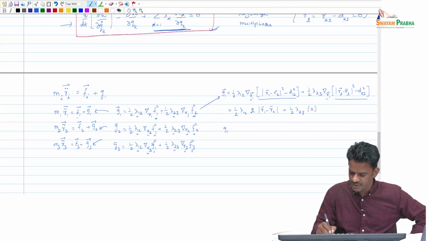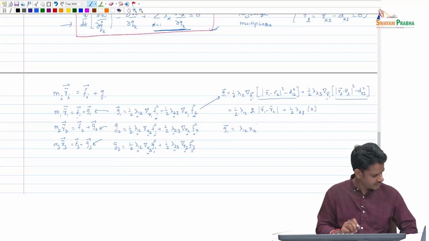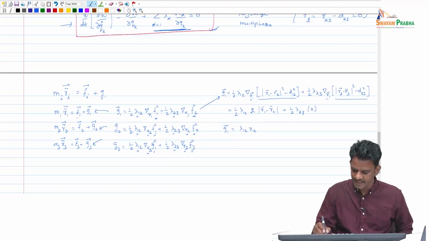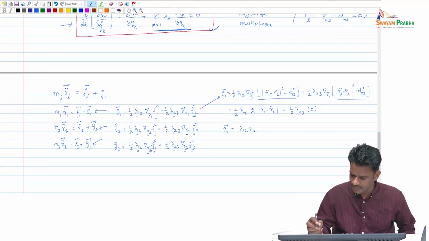So that means G1, the constraint force for the first hydrogen atom, is simply lambda 12 times R12, that is it, and this R12 is, sorry, this is going to be a vector actually, yeah.